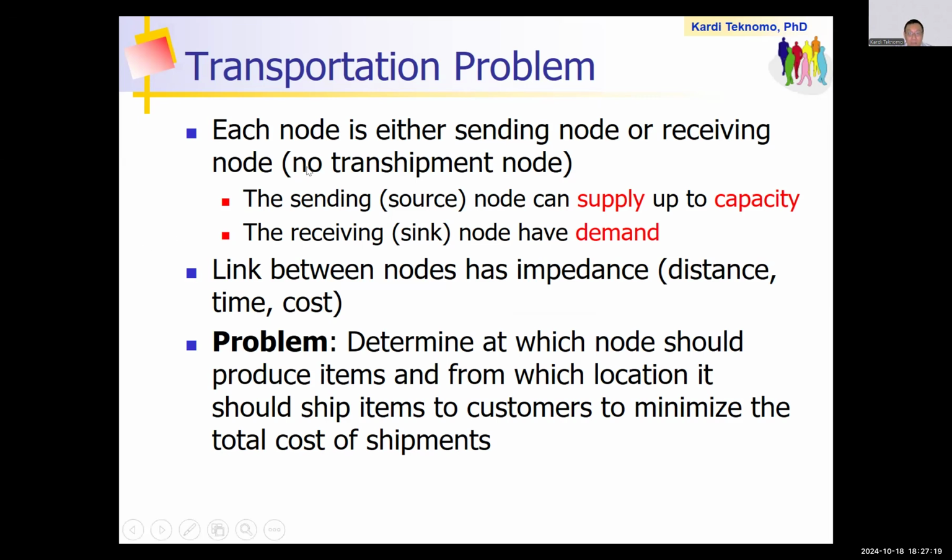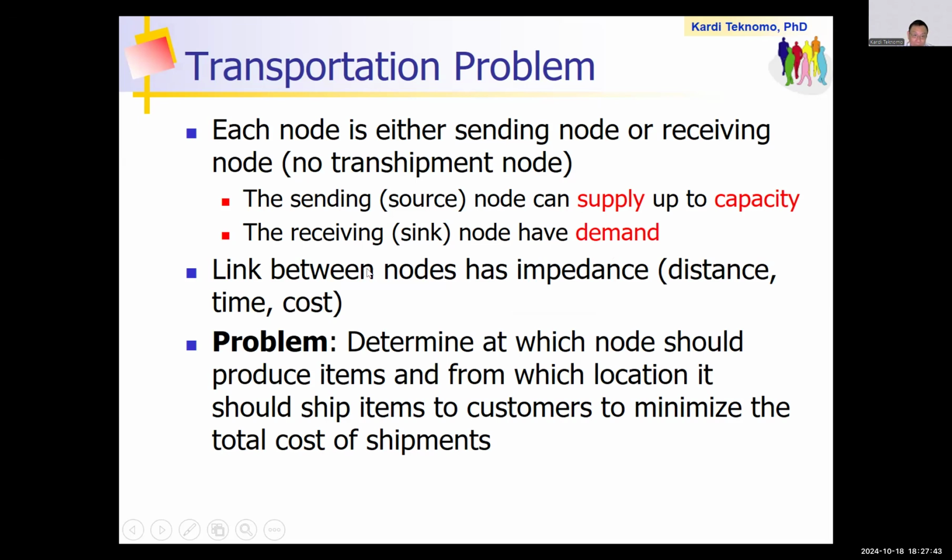Remember, each node is either a sending node or a receiving node. There is no transshipment node, nothing in between. So only the source, that represents the supply, and then there is the sink that represents the demand.